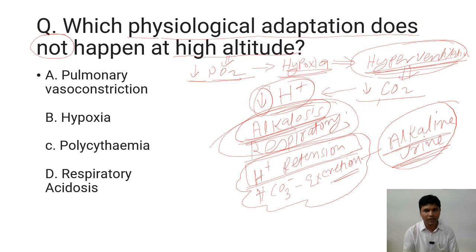Hydrogen will be reabsorbed and bicarbonate will be excreted. So the basic thing is that respiratory alkalosis will develop, this is the compensatory mechanism, and this is the condition of the urine in case of high altitude.